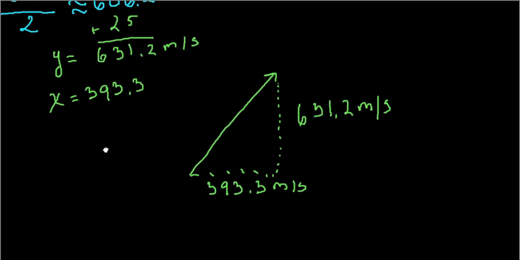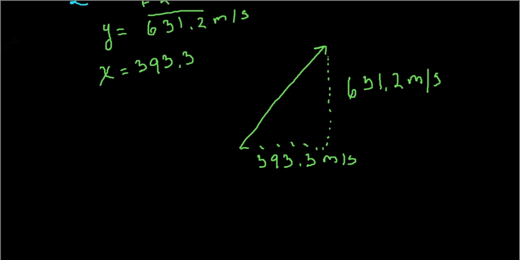Well, by the Pythagorean theorem, which says a squared plus b squared equals c squared, where c is the hypotenuse, and you can pick which one is a and which is b. Addition doesn't care, it doesn't matter. So you can plug into your calculator and let's see if I can do this.